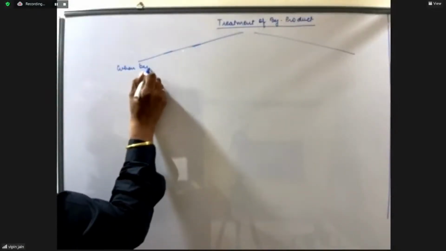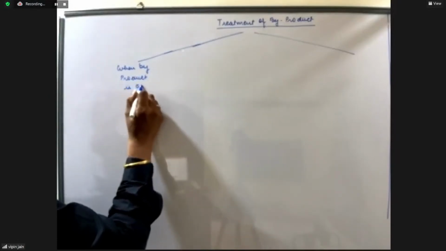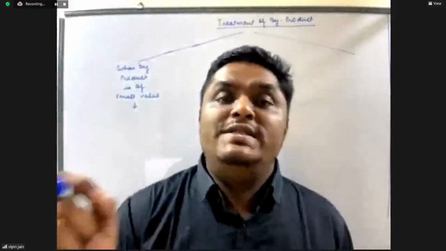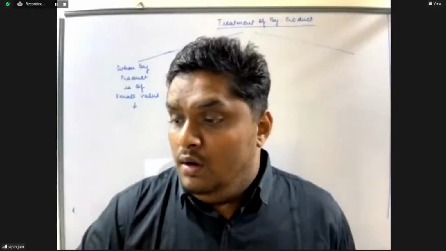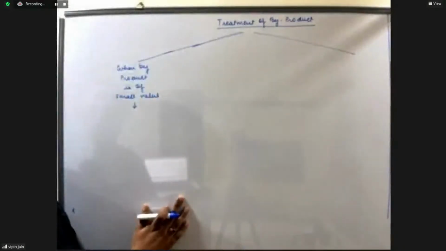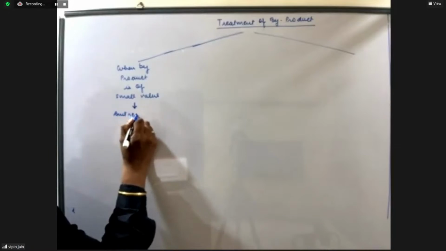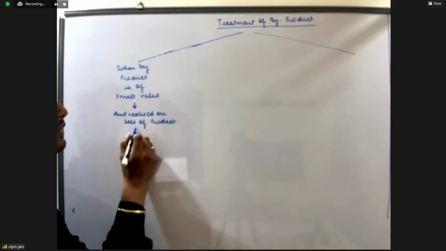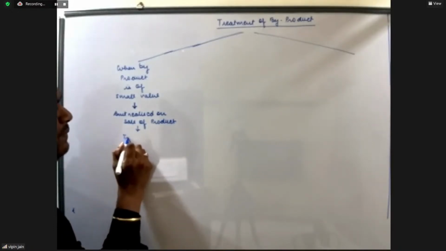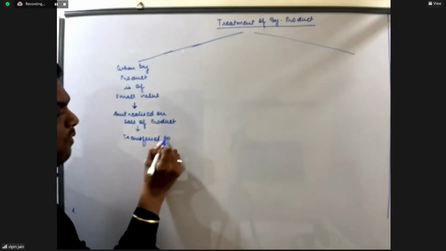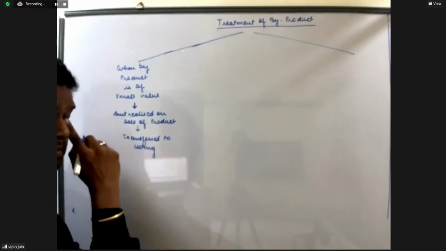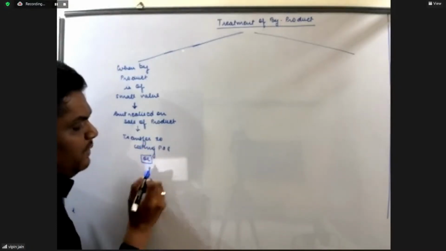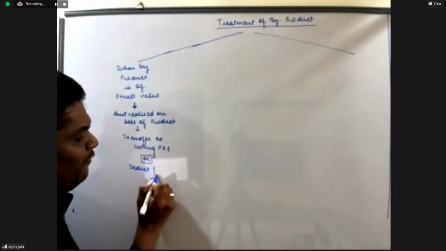Now, when the byproduct is of small value, when the amount realized on sale of byproduct is very small, very nominal, then the amount realized on sale of byproduct can be transferred to costing P&L, or there is an alternate treatment possible wherein you deduct it from joint cost.